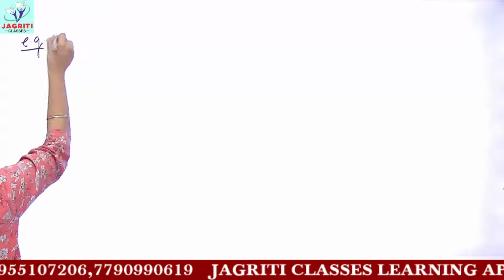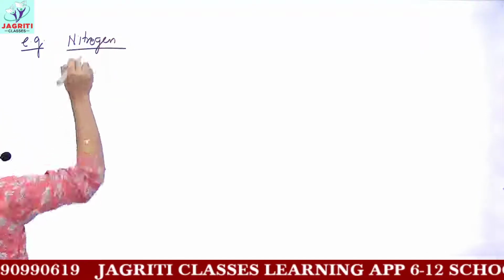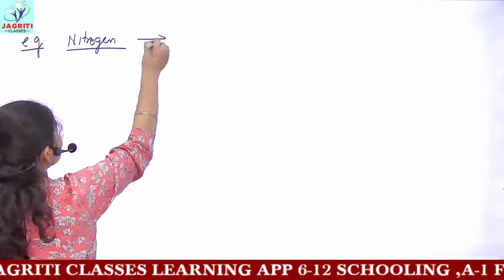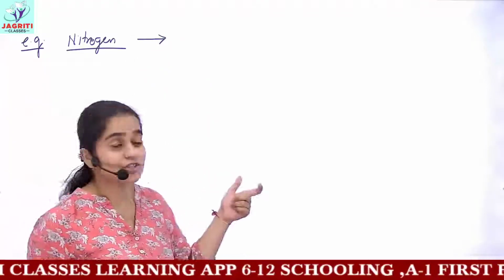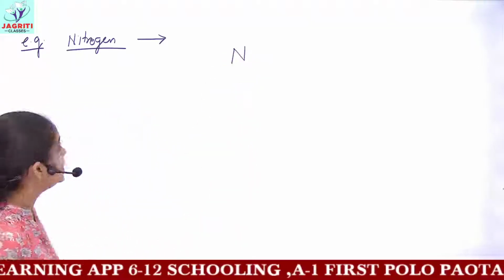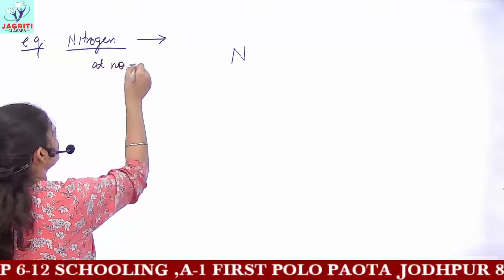Let's suppose I have to make the symbolic representation of nitrogen. How would I do that? Firstly, you have to know the symbol of nitrogen. The symbol of nitrogen is capital N. Then you know that nitrogen has an atomic number 7.